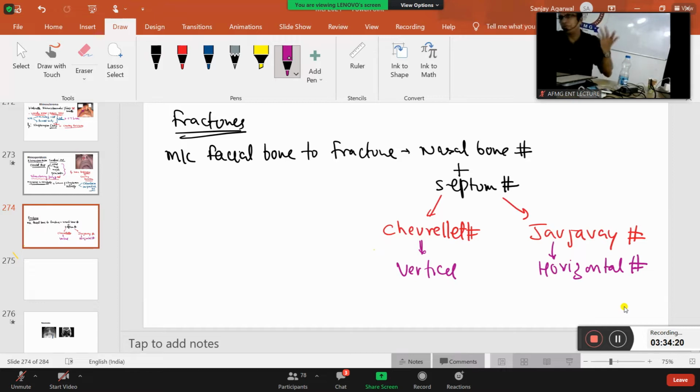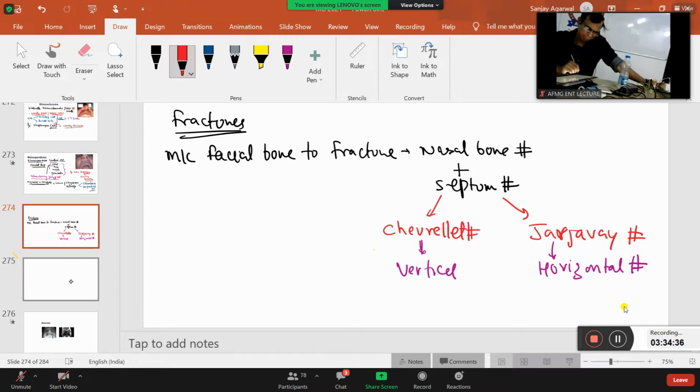Direction is different, the name is different. Vertical होगा septum पे तो Chevallet, horizontal होगा तो Jarjavay. So that's very simple.